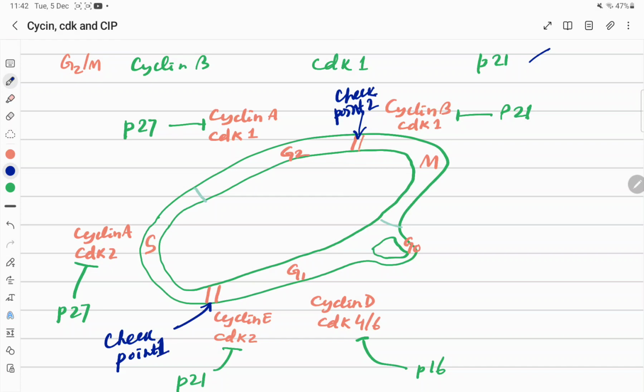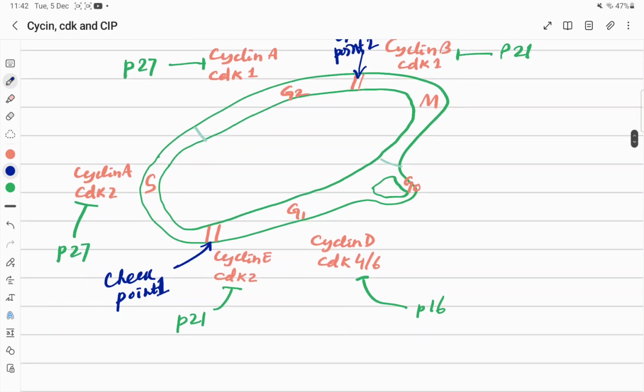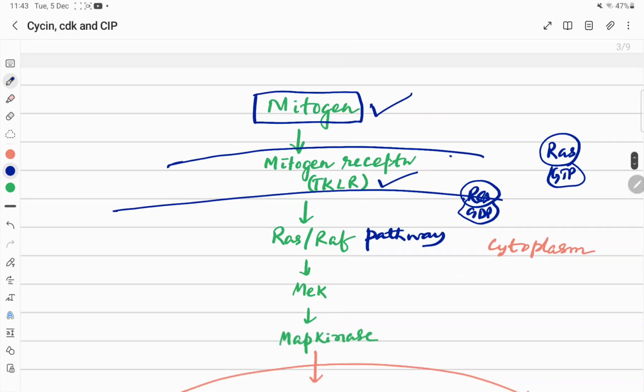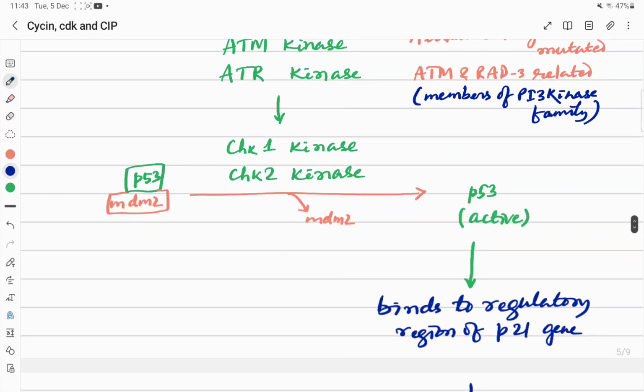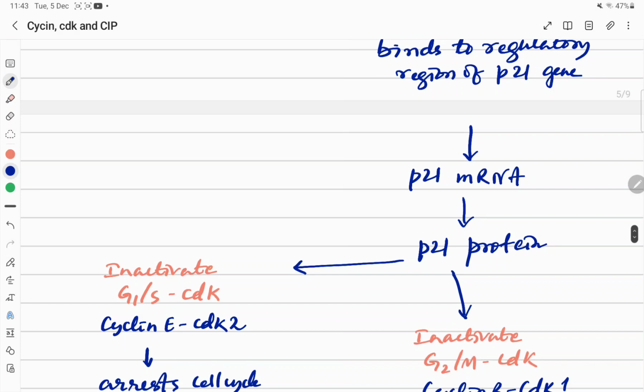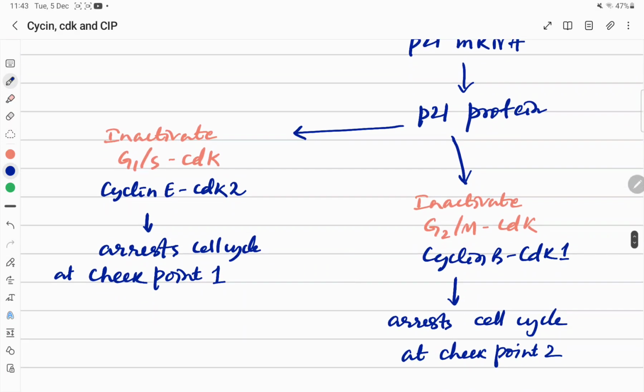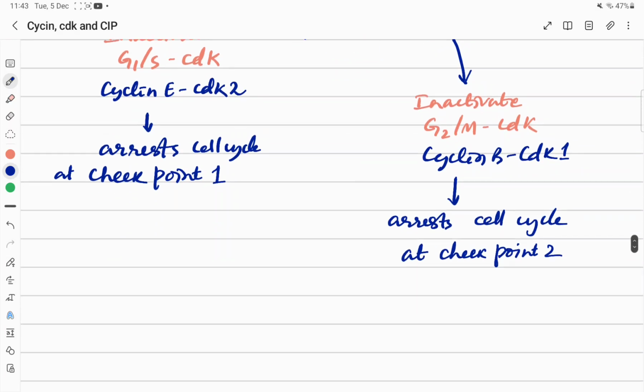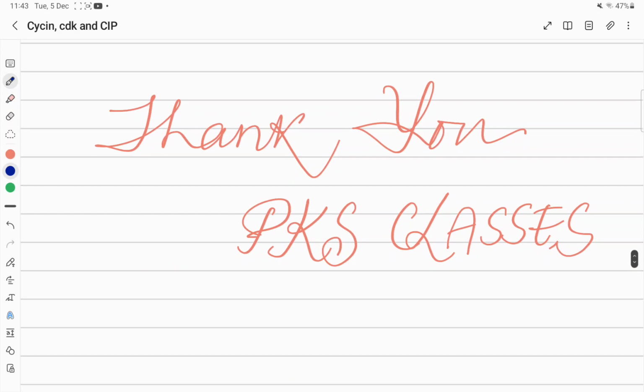So P21, that means the negative regulator P53 arrests the cell cycle at checkpoint 1 as well as checkpoint 2 through P21. So P53 binds to the regulatory region of P21 gene and produces P21 protein and inactivates cyclin E Cdk2 complex, cyclin B Cdk1 complex, and accordingly arrests the cell cycle at both checkpoint 1 and checkpoint 2. So this is all about cyclin dependent kinases and Cdk inhibitor proteins. Thank you.